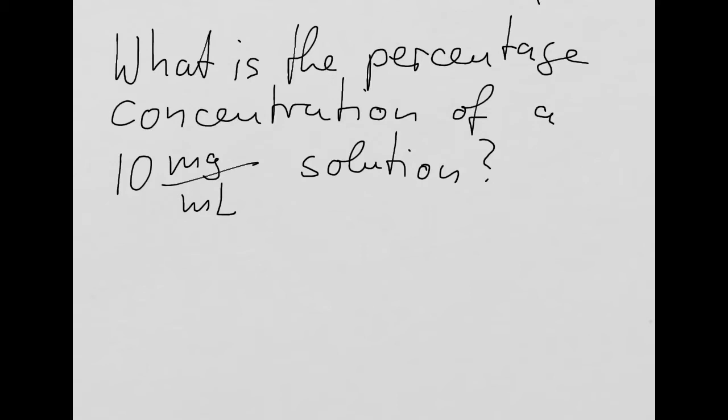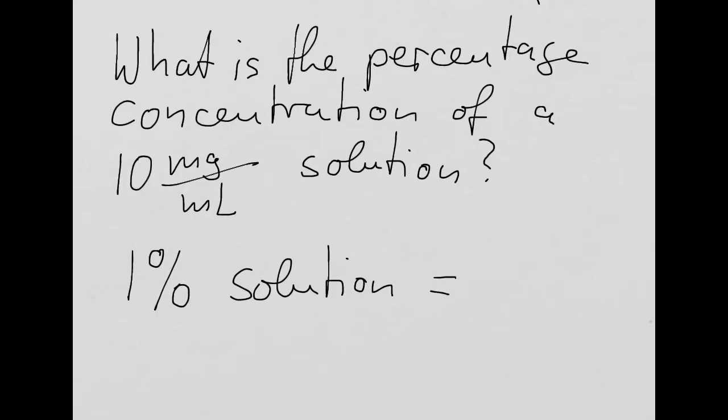Well, first of all, let's remind ourselves, what does percentage actually mean? Percentage means 1 in 100, and we said a 1% solution is equivalent to 1 gram per 100 milliliter.